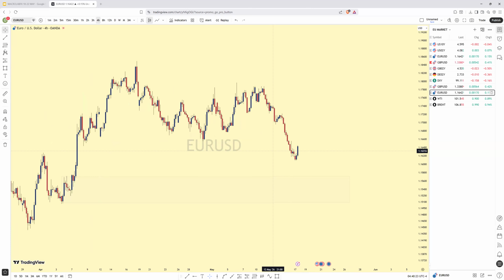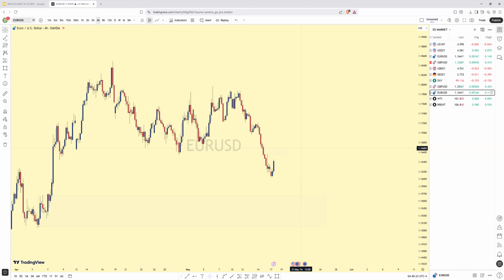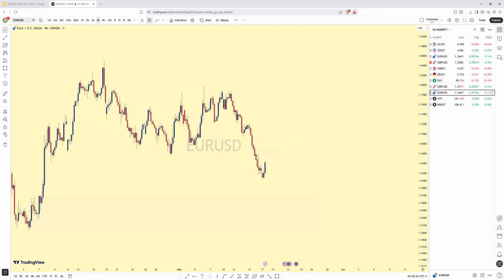On the 4 hours chart, maybe we could see this is a clear fair value gap. So we'll see the market price into this high, then perhaps we could react from there if we get an invalidation candle.